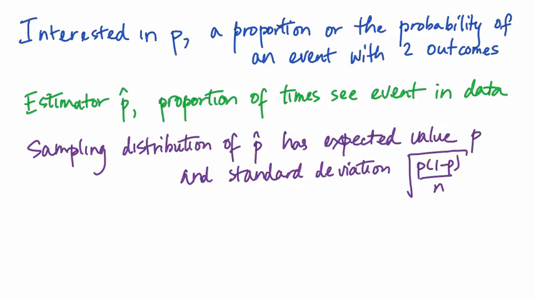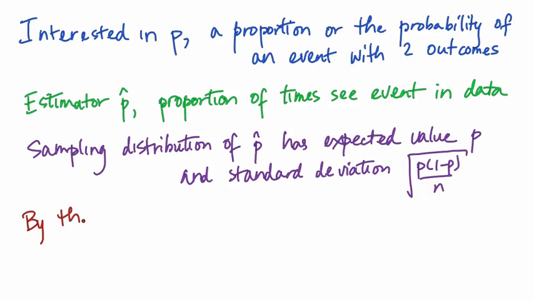In working out some of these results, we looked at p hat as an average of Bernoulli random variables. Of course, we know a bit more about what happens in averages in the long run from a previous video. In particular, the larger the sample size, the closer an average gets to normally distributed.